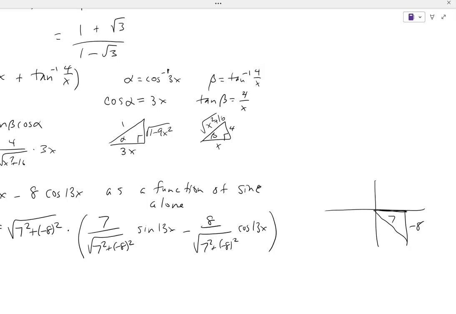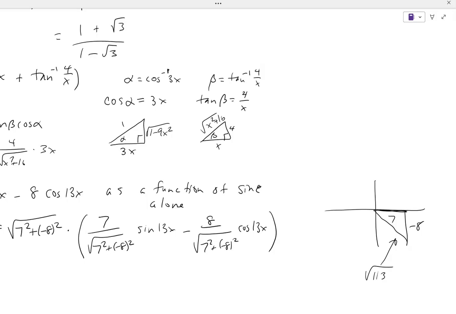And then this side here is your hypotenuse. 49 and 64 is what, 113? I did that right? No, it's not. Yeah, it is. My brain is not working this morning. Okay. So that's what we're trying to create.